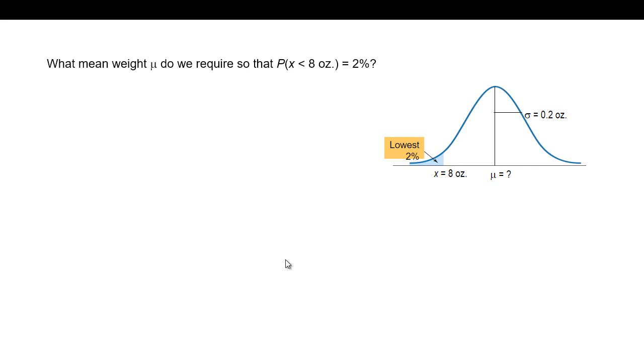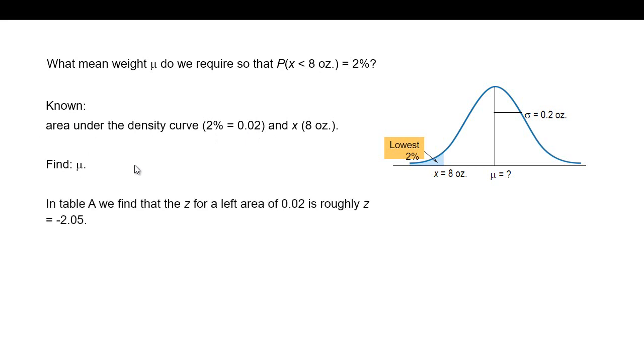We are trying to find what mean weight mu we require so that no more than 2% of the bars will weigh less than 8 ounces. What we know is the area under the density curve, 2%, which is 0.02, and we know X, which is 8 ounces, and we need to find mu.